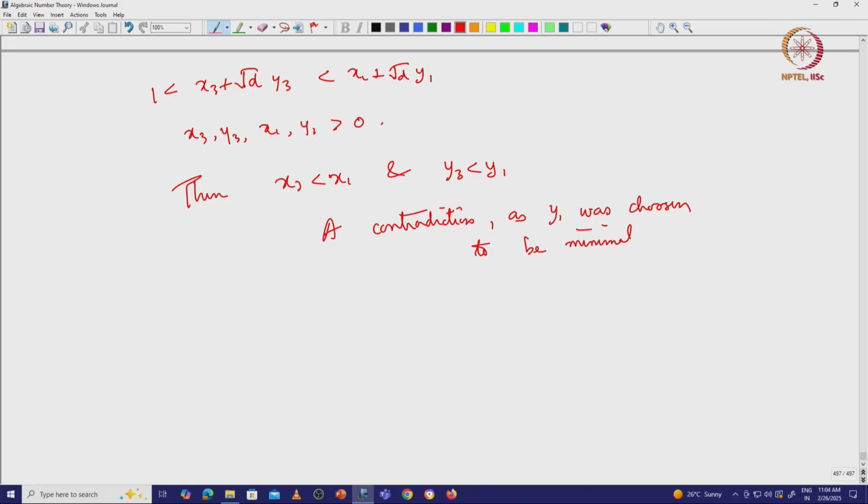So, this proves that x3 plus square root of d y3 is equal to 1, and we are done, right.